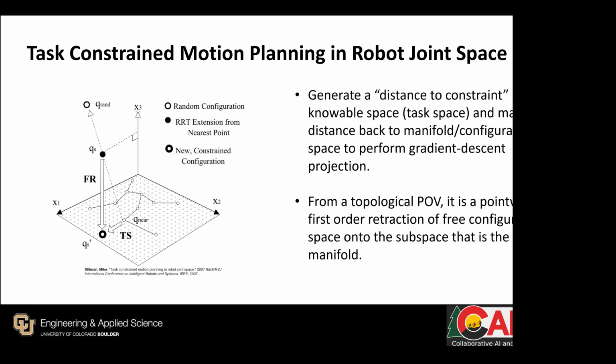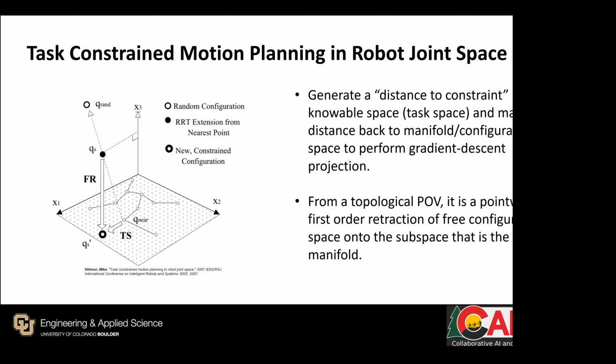Essentially, the growth mechanism is such that a random point, Q-random, is chosen, and then you try to find the nearest point in your tree to this random point that is off your manifold, and then you extend from that leaf node of your tree to some arbitrary step size to generate a QS, and then you perform a first-order retraction or projection back down onto your manifold.